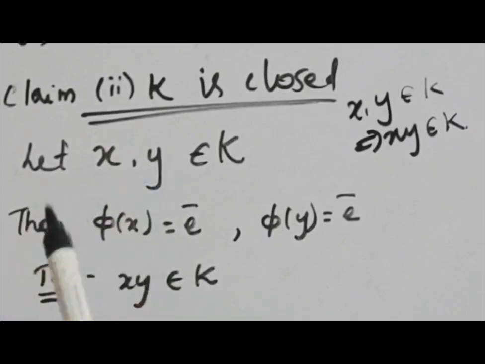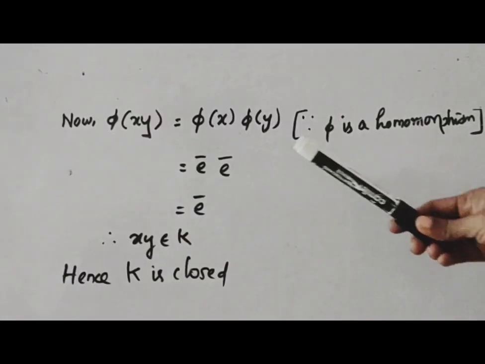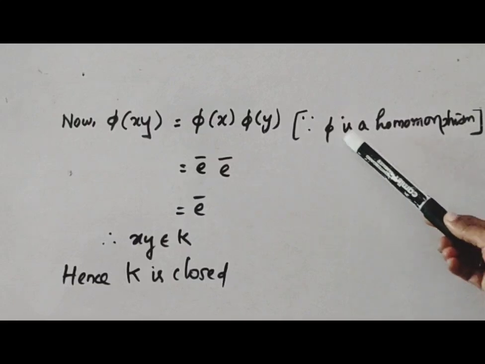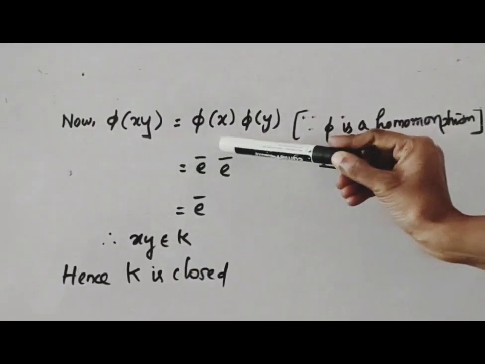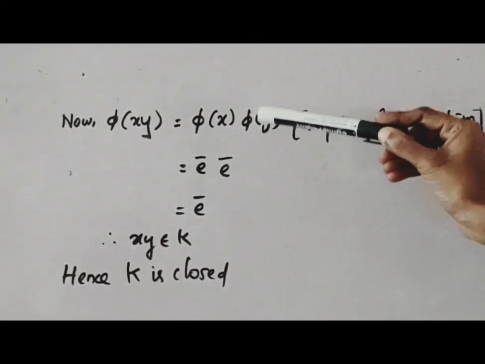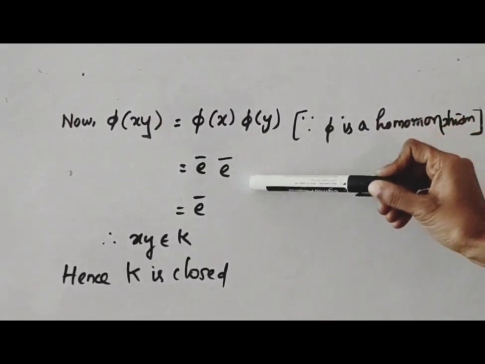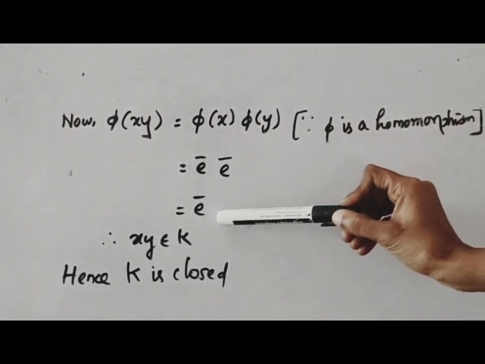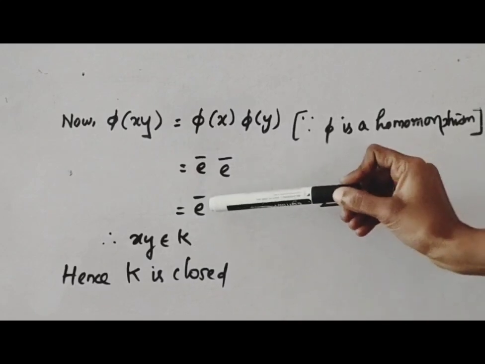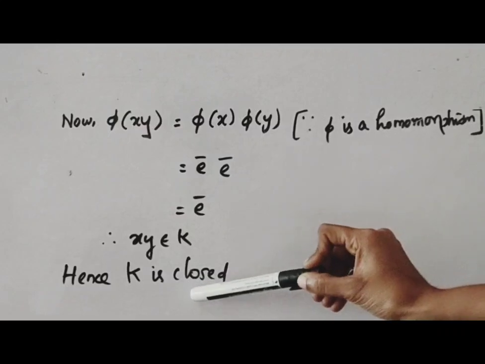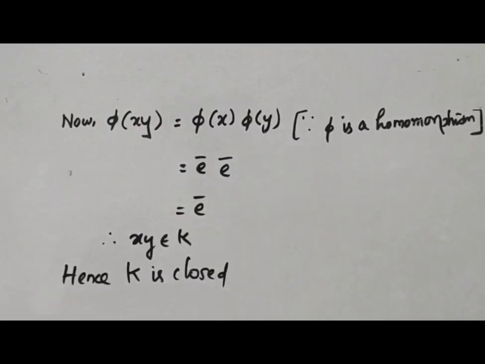You have to prove that xy belongs to K. Now, consider phi of xy, which is equal to phi of x into phi of y, since phi is a homomorphism of G into G bar. What is the value of phi of x? e bar. What is the value of phi of y? e bar. Therefore, e bar into e bar, which is again e bar. Therefore, phi of xy is equal to e bar, which means xy belongs to the kernel K.